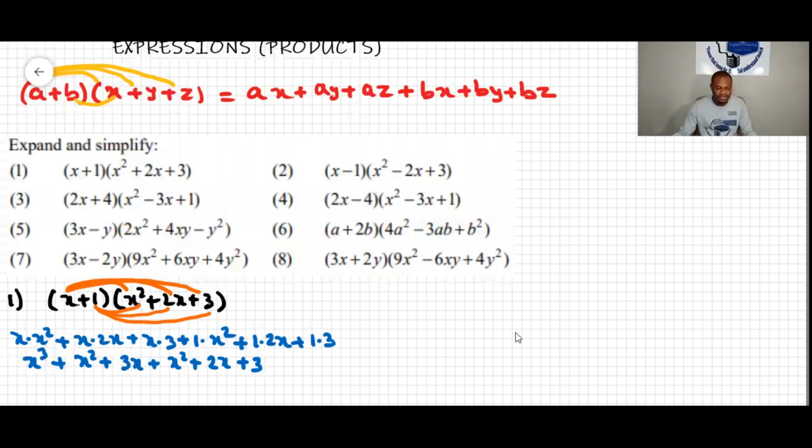We applied the law of exponents over here.